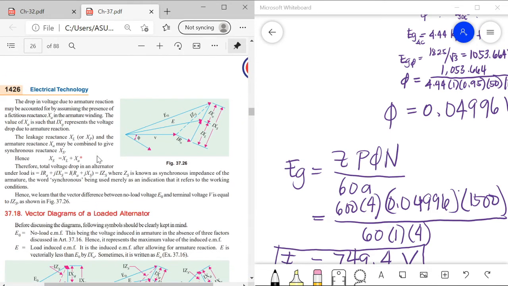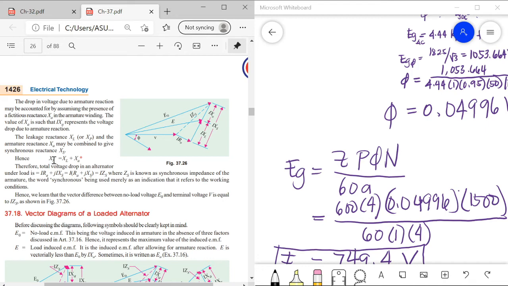The drop in voltage due to armature reaction may be accounted for by assuming the presence of a fictitious reactance XA in the armature winding. The value of XA is such that IXA represents the voltage drop due to armature reaction. The leakage reactance XL or XP, the Potier reactance, and the armature reactance XA may be combined to give the synchronous reactance XS.